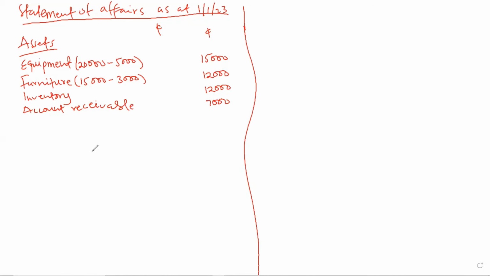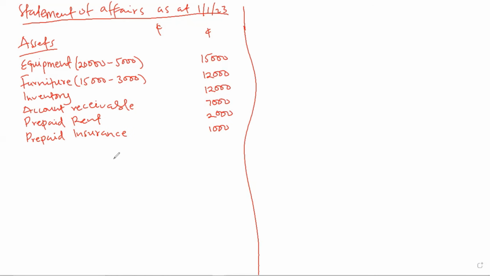Then we have prepaid rent, which is also an asset, expenses paid in advance. That is 2,000. Then we have prepaid insurance, which is also expenses paid in advance, an asset. Prepaid insurance is 1,000.